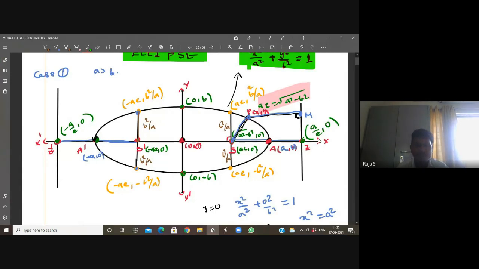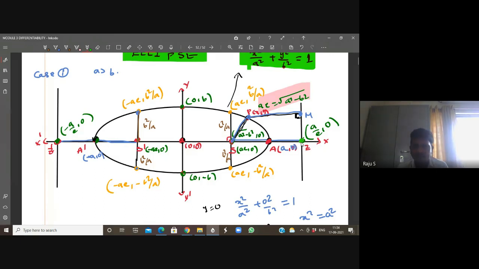Here e is called eccentricity. Eccentricity is always SP by PM. S is the focus, P is a moving point on the conic, M is the foot of the perpendicular on the directrix. SP by PM. Simply remember this.